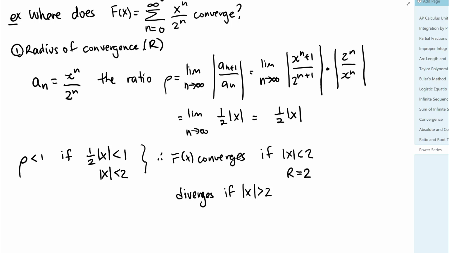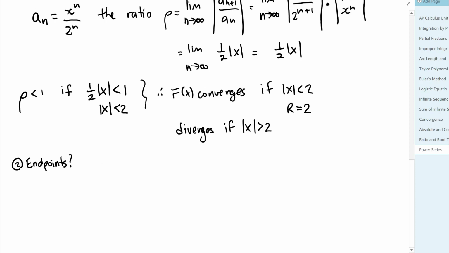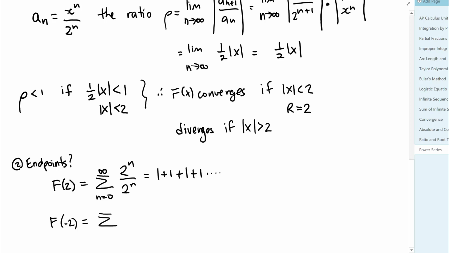Now, I did notice before that we don't know much about what's happening at the endpoints, so our next step is to check what's happening at those endpoints. We do that by looking at what happens when x is equal to 2. So the sum from n equals 0 to infinity of 2 to the n over 2 to the n, and this is just like 1 plus 1 plus 1 plus 1, on and on. What happens at the other endpoint when the series is evaluated at negative 2?